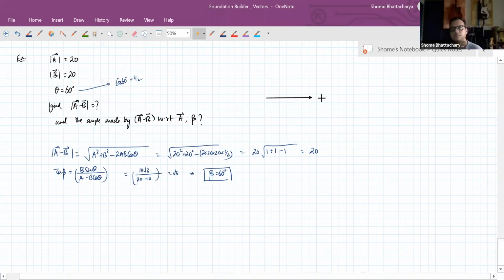Suppose a is like this, then b is a vector like this, which are of magnitude 20 each, and this angle between them is 60.